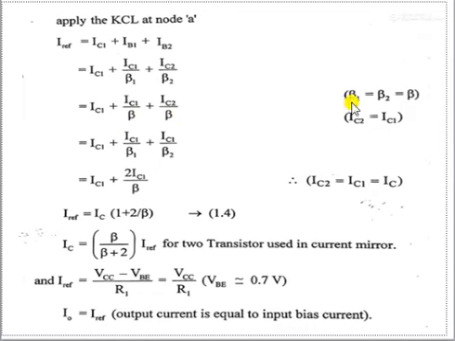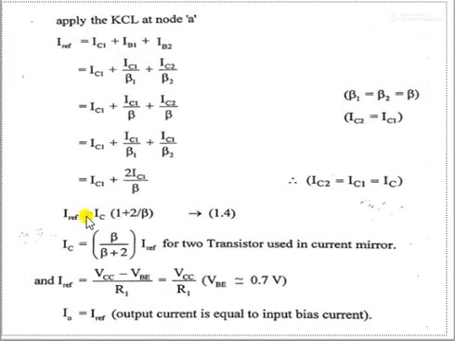Since the two transistors are identical, beta 1 is equal to beta 2 equal to beta. And also we have seen in the earlier section that the two collector currents IC1 and IC2 are equal, and let that be equal to IC. So replacing IC1 and IC2 by IC, we will have IC1 plus 2 IC1 by beta, or let that be IC.